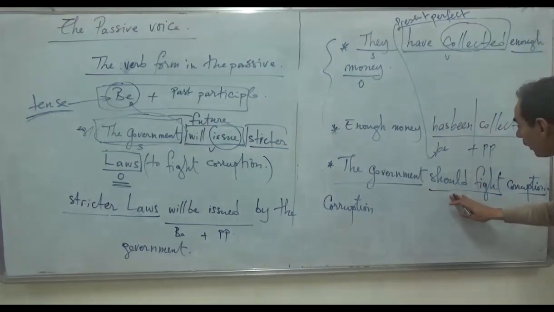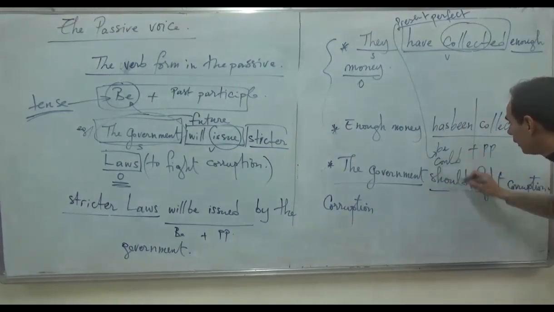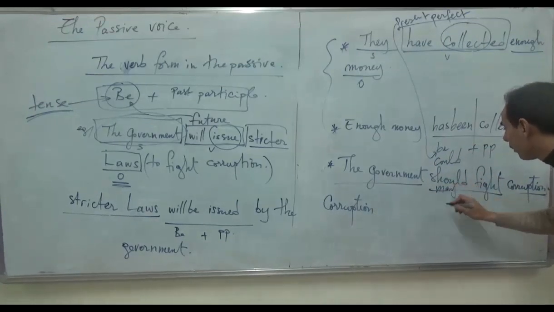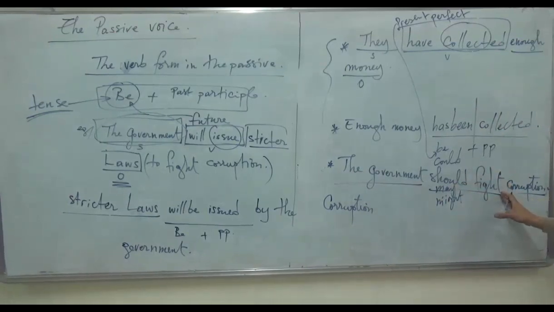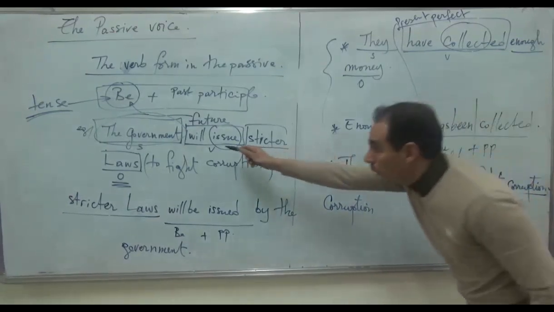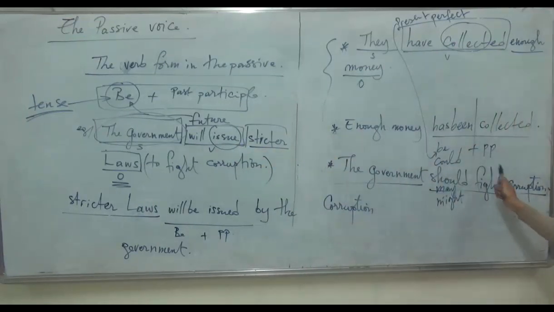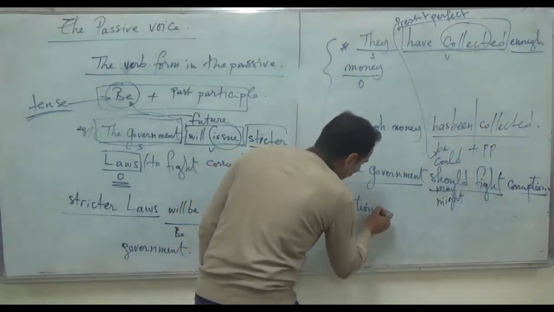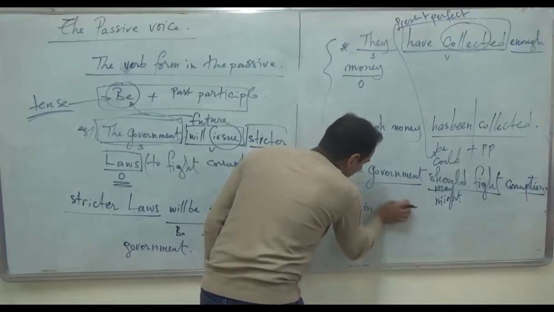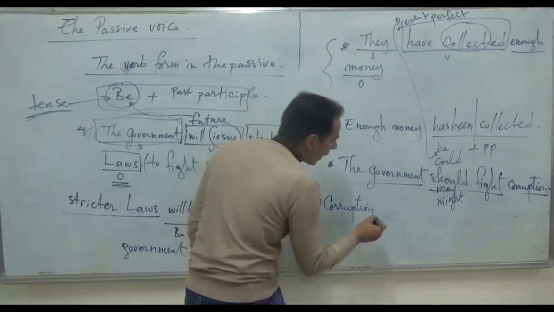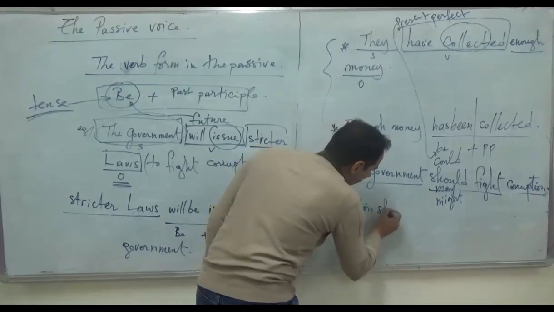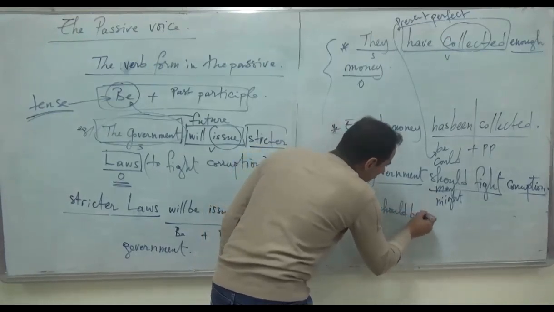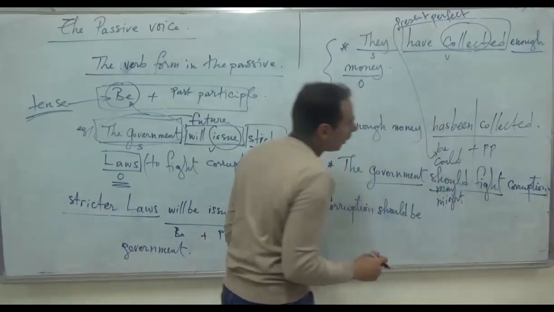As all auxiliary modals, should, could, may, might, and here also with will. After all auxiliary modals, the verb is in the infinitive, so I'm going to do the same thing. Corruption should be, will be, could be, might be, may be, plus the past participle of the verb to fight.